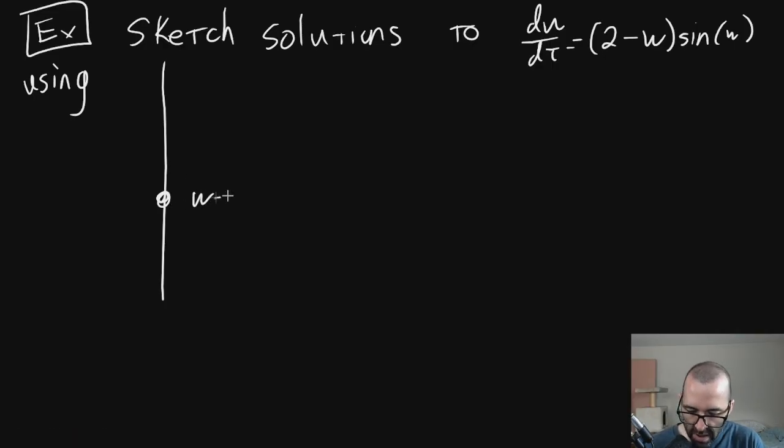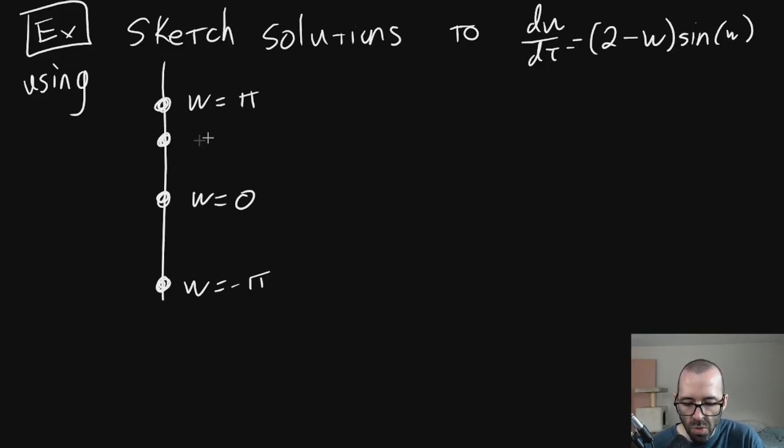There's an equilibrium point at w equals 0, and at w equals negative pi, negative 2 pi, negative 3 pi, and so on. There's also an equilibrium point at w equals pi up here, but also at 2. Specifically, I'm telling you that if we're above pi, the function's increasing.